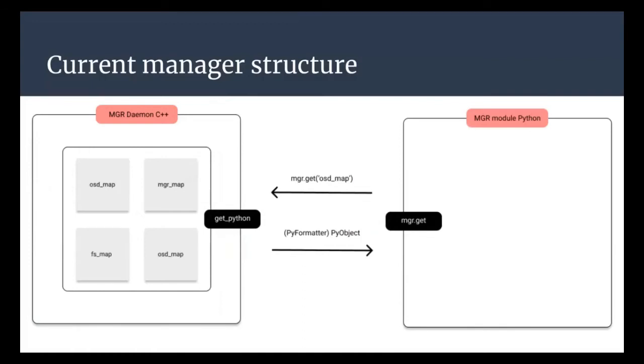These are inside the cluster state, and we get the information from them through the manager get method. So basically, what we do is call get OSD map, the get Python formats it with the PyFormatter, converts it to a Py object and returns it to the manager module.